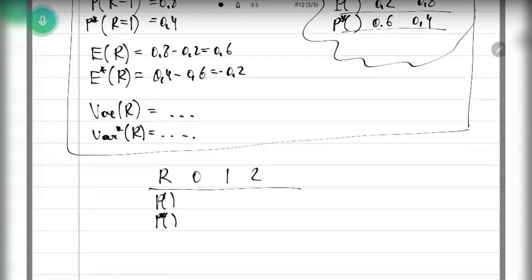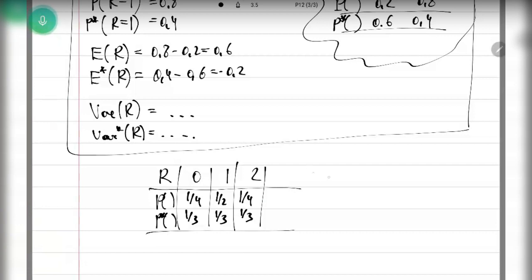Under P, you have probabilities 1/4, 1/2, 1/4. And under P star, you have probabilities, let's say, 1/3, 1/3, 1/3.